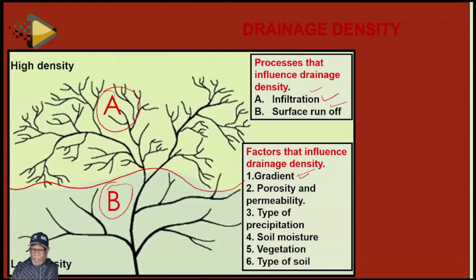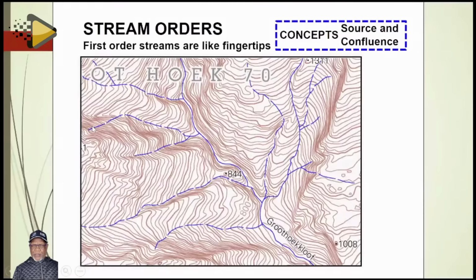It means the soil at B is more permeable. Now, permeable means that the soil is allowing for water to infiltrate and therefore resulting in low density. That is why we have fewer streams. But at A, the soil is less permeable and therefore more surface runoff and less infiltration.